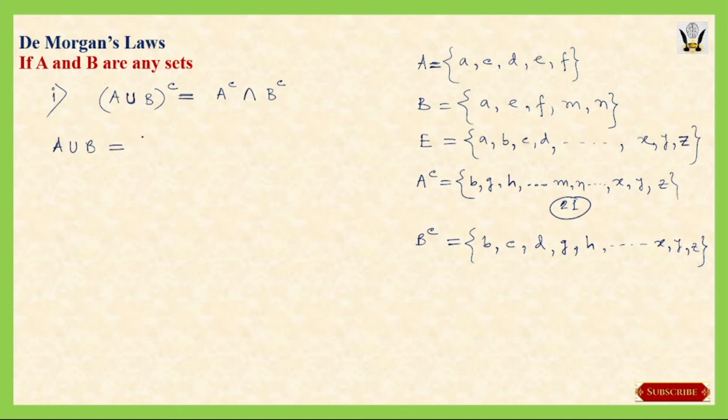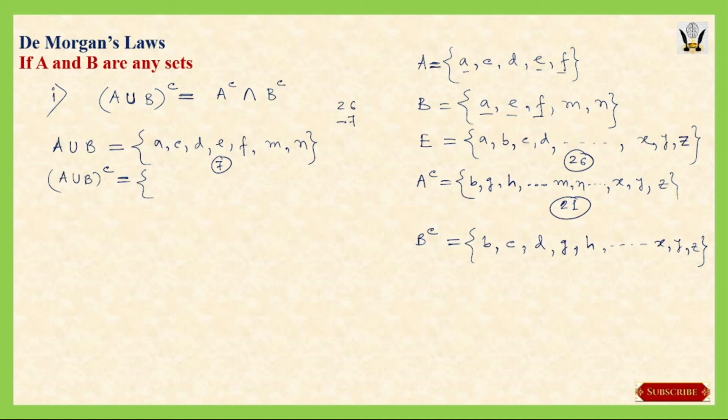Union means it will have A, C, D, E, F, all the 5 elements of A, and then since these 3 elements are common, we will not repeat them, but we will include M and N. And if we take the complement of A union B, then with respect to the universal set, the universal set has 26 alphabets, and this set has 7 elements. So this set, which is the complement of this union operation, will have 19.